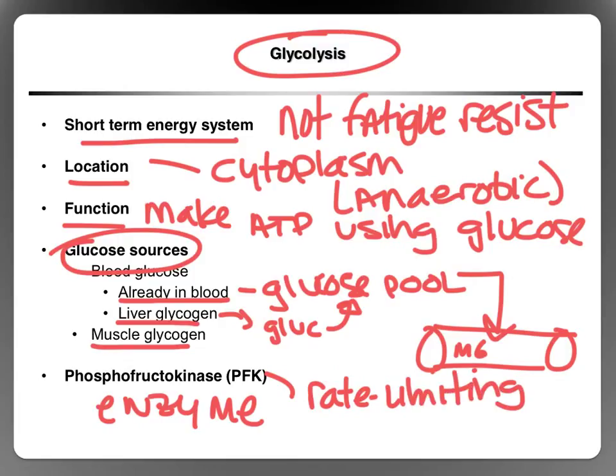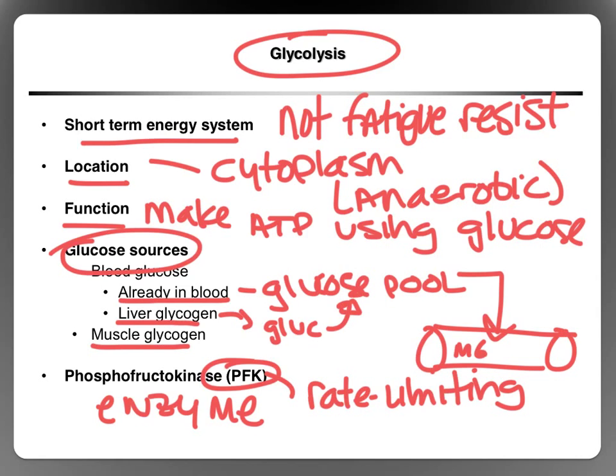Okay, because based on the activity of this enzyme, the rate that glycolysis occurs is determined. So in other words, the rate of glycolysis is heavily reliant upon the activity of PFK. Okay, so it helps determine the rate.